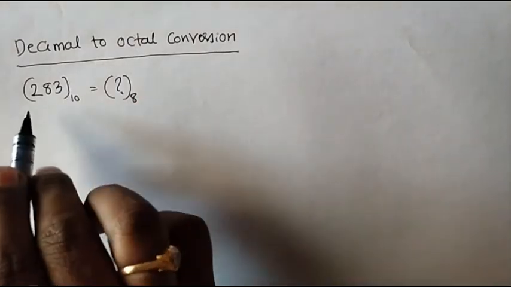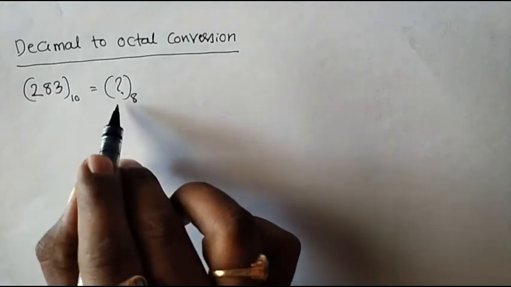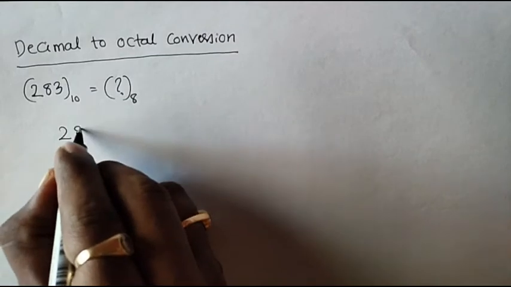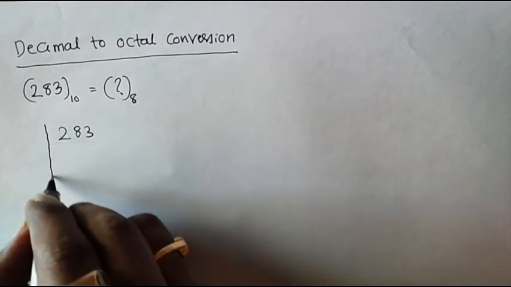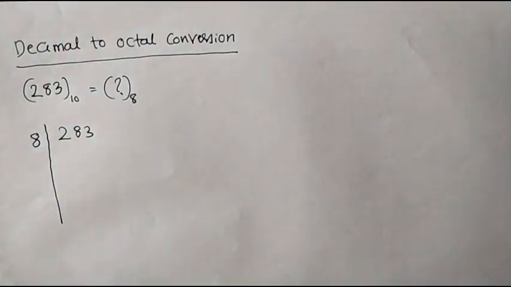Let us take one example, 283, which is in decimal. Let us find what is equivalent octal number of this. Divide 283 by the base of octal number system, that is 8.